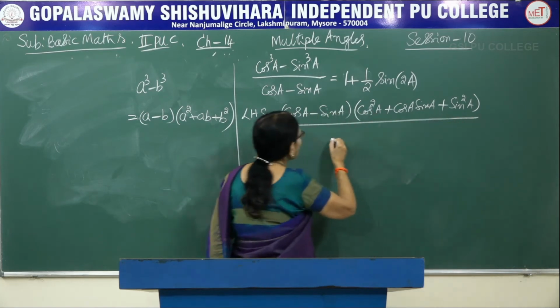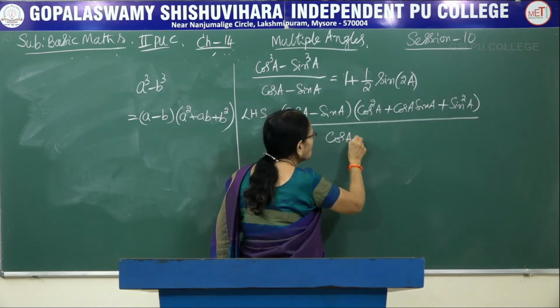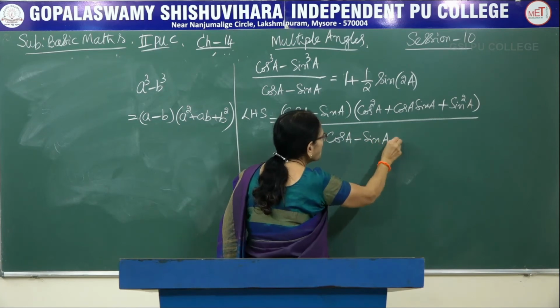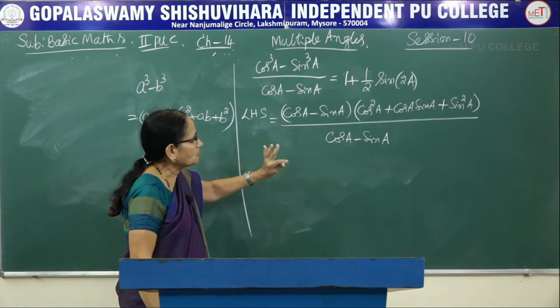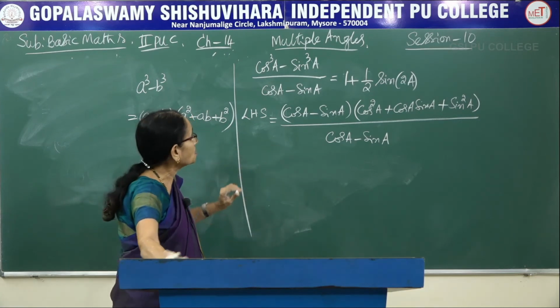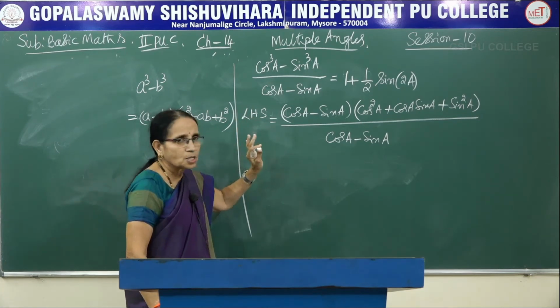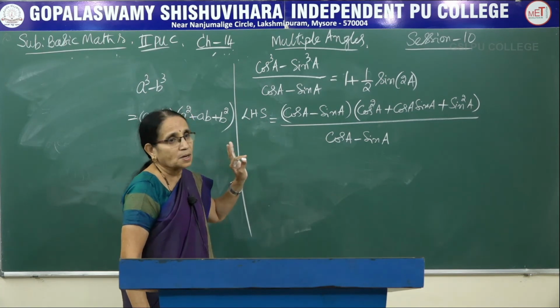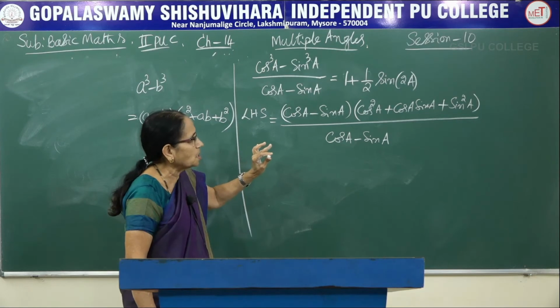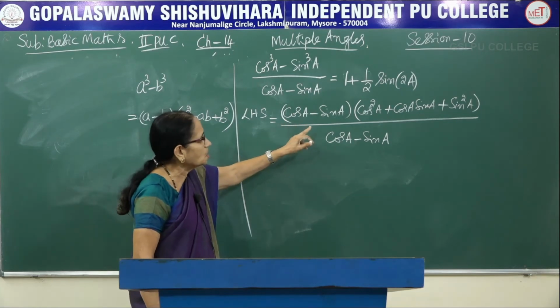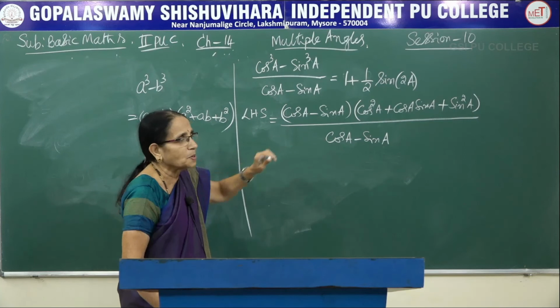Now divided by, write the denominator as it is, cos A minus sin A. So what have I done? I have kept the denominator as it is. Numerator, using the algebraic formula, I have factorized: cos A minus sin A into cos square A plus cos A into sin A plus sin square A.